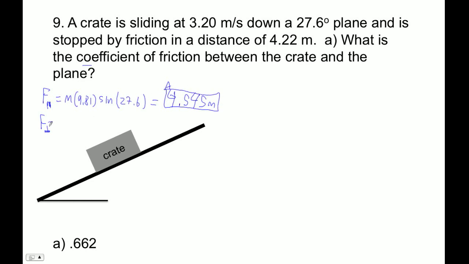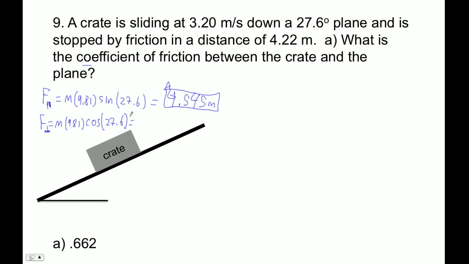Okay, the perpendicular force is m times 9.81 times cos of 27.6, and that is 9.81 cos 27.6, and I'm going to store that in B just for fun.